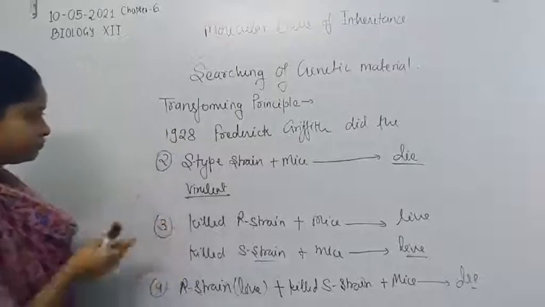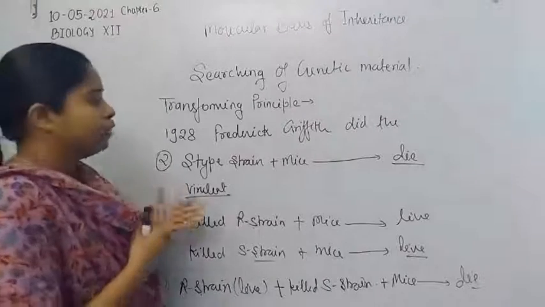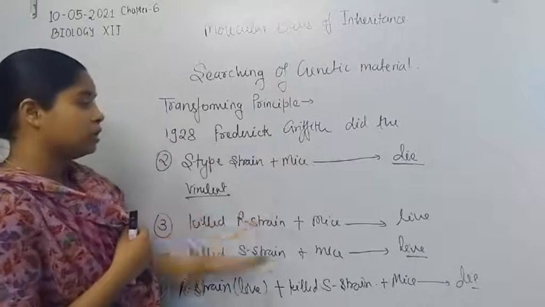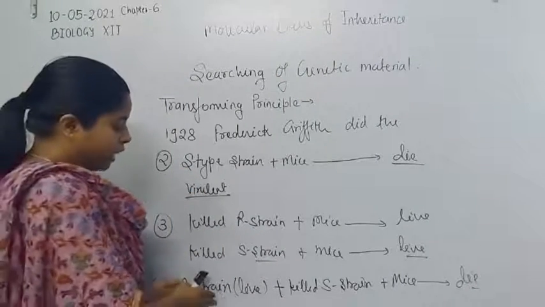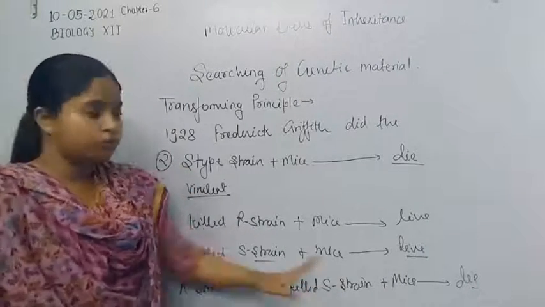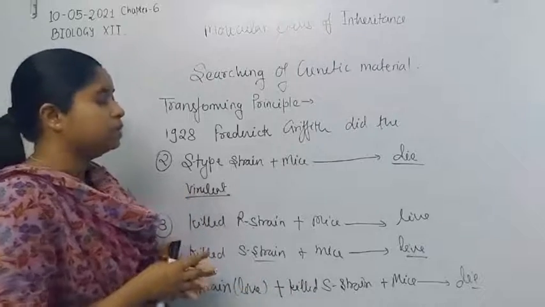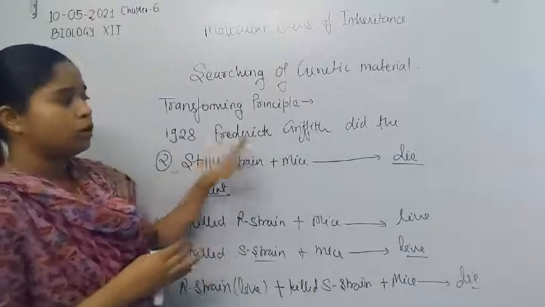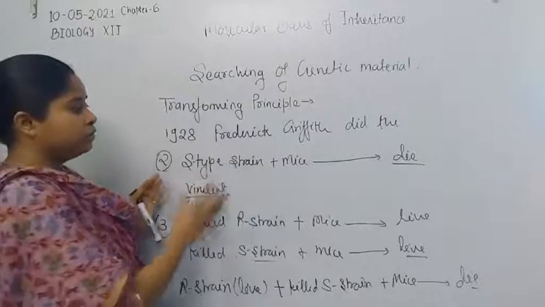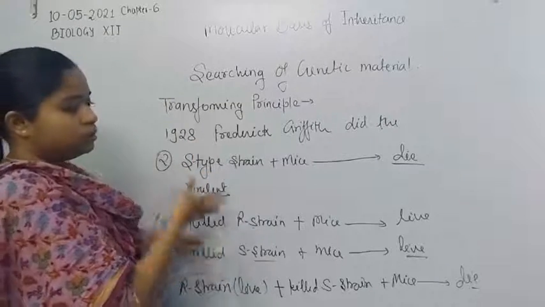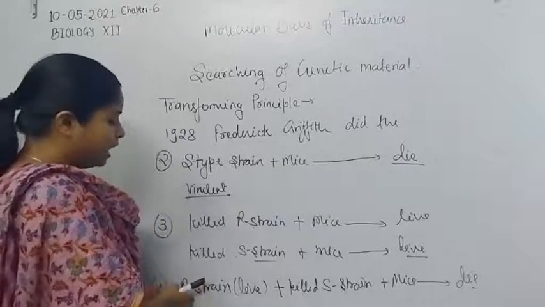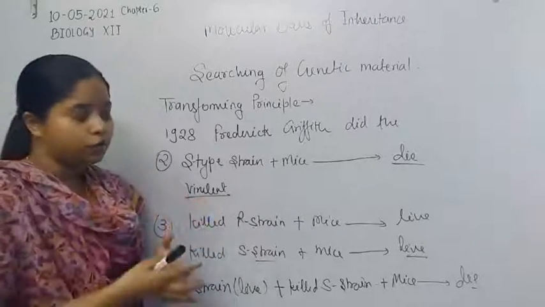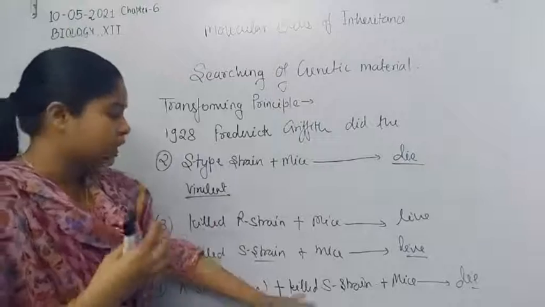But the biochemical analysis behind the transformation of the R strain into the S strain was not given by Frederick Griffith. The conclusion of his experiment is that the R strain is able to transform or convert into the S type of strain.